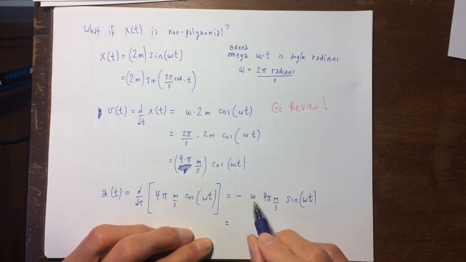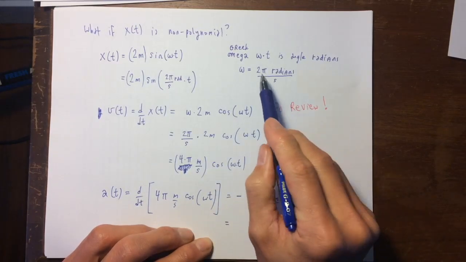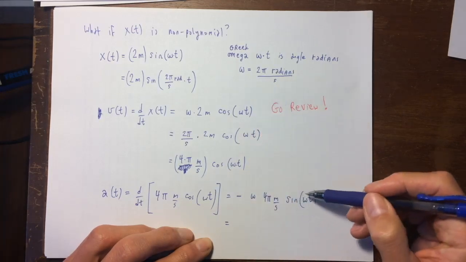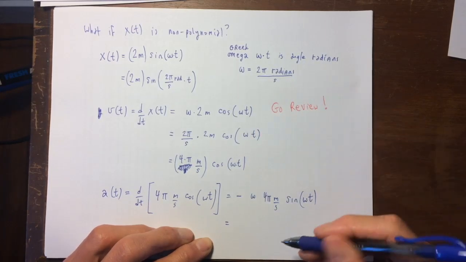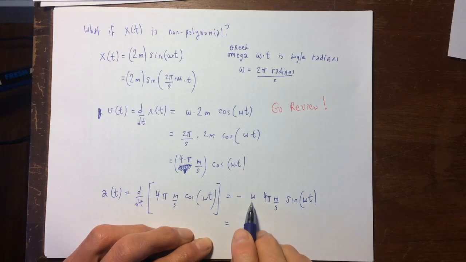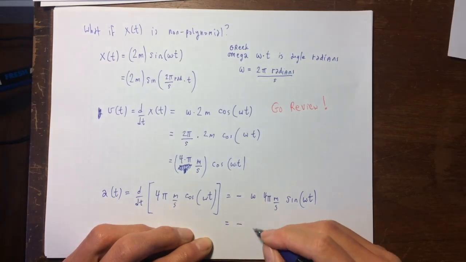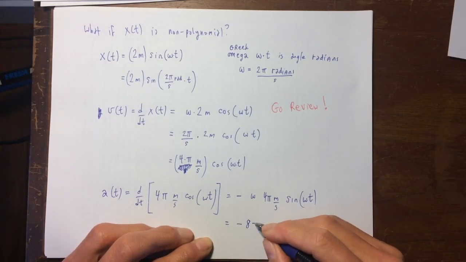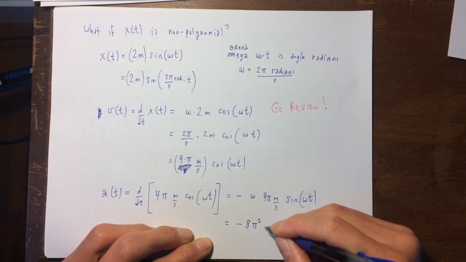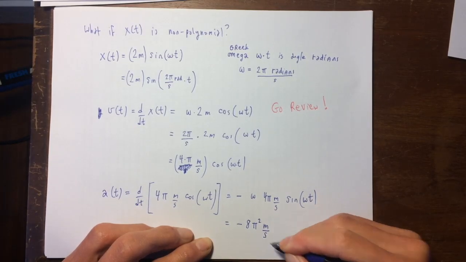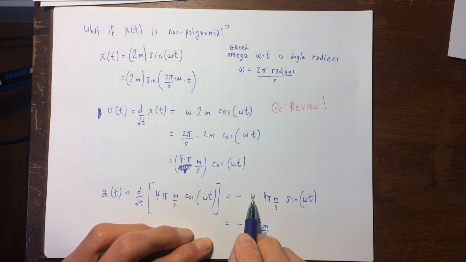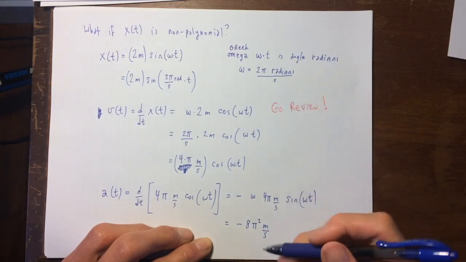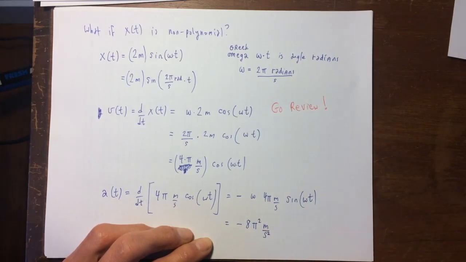So I'm going to put in what omega is. Omega is 2 pi per second. On the outside, you drop the radians. So another 2 pi becomes minus 8 pi squared meters per second, but the omega had another second, so it's meters per second squared.